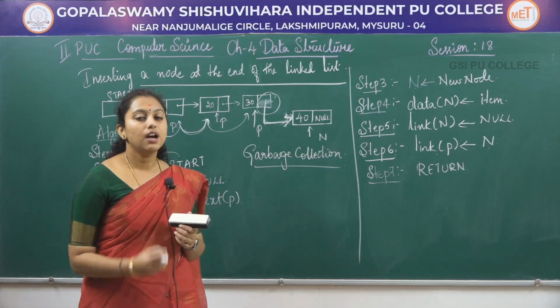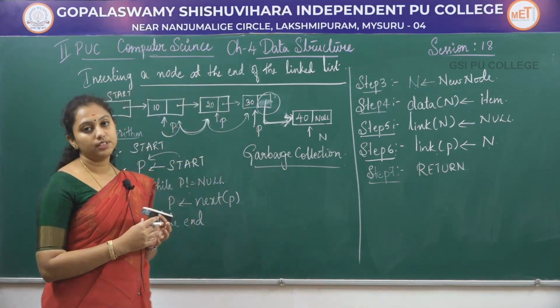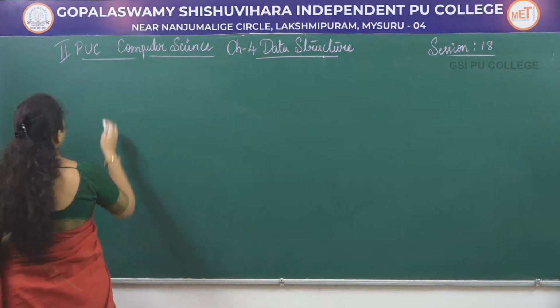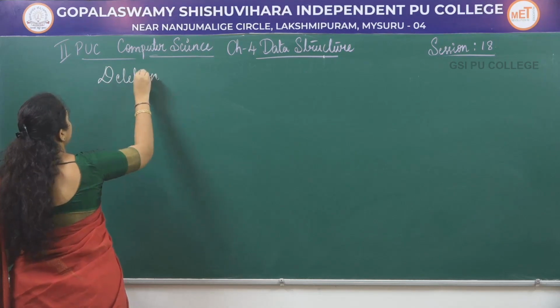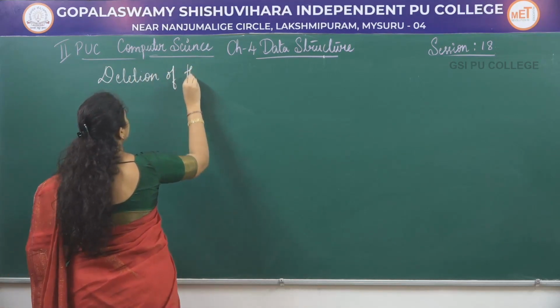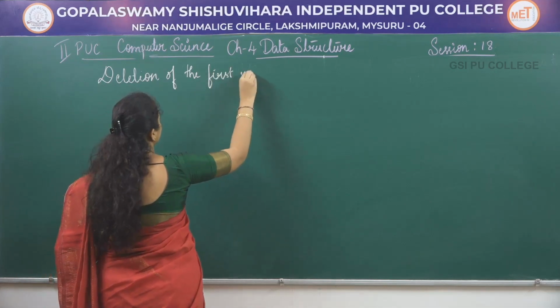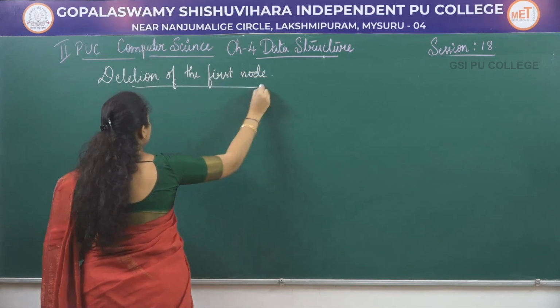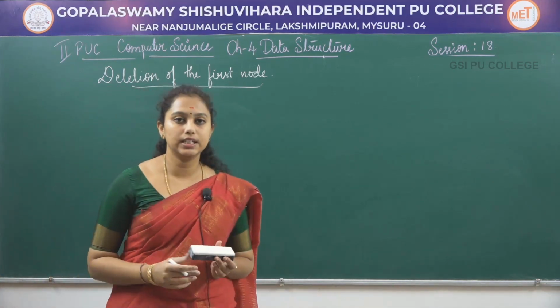So now let's see how to delete a node from the beginning of the linked list. Deletion of the first node. It is easy to delete the first node in the linked list.